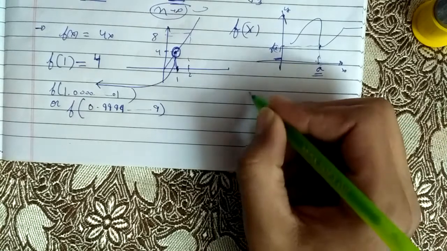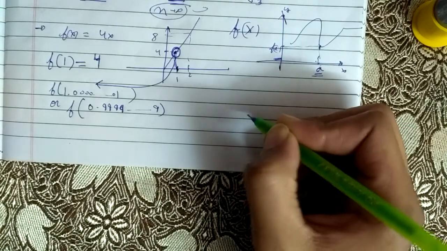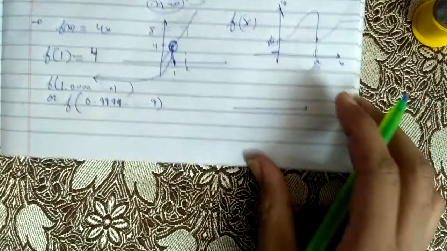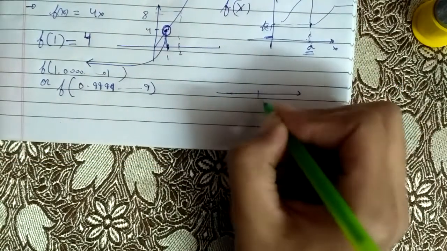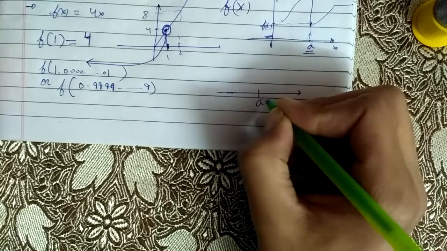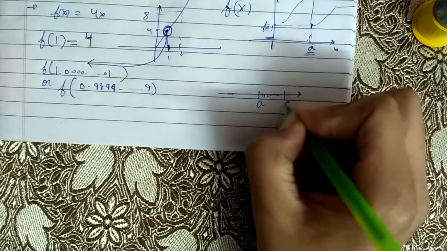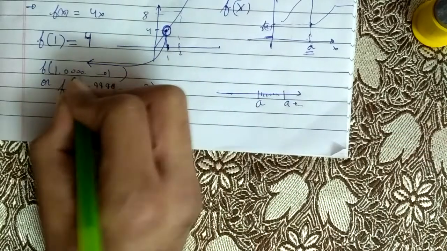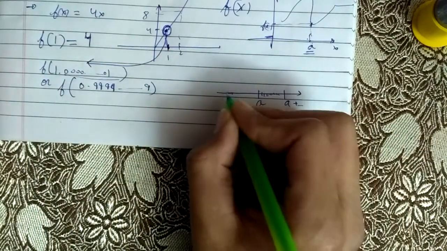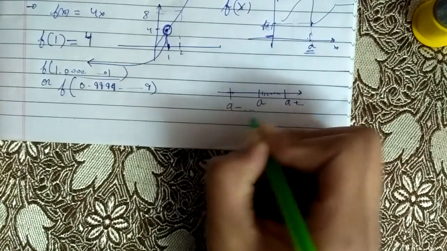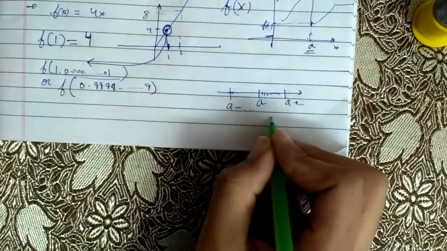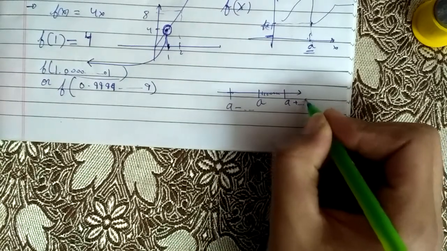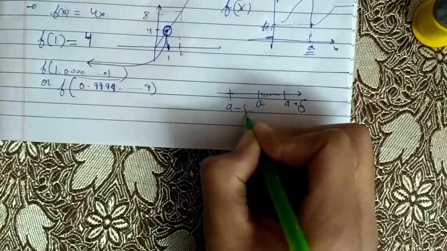We will draw the number line, like this is a, and so on, a plus something, like a plus 0.001 and a minus something, like a minus 0.001. Let's take an arbitrary number del, a plus del and a minus del.